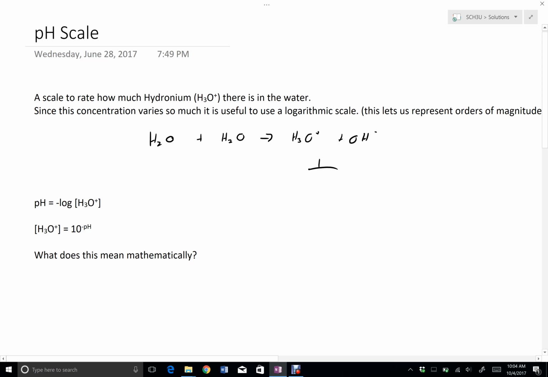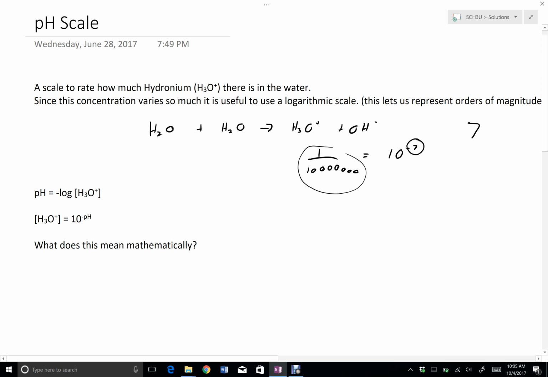And this will happen about 1 in 10 million of the time, or if I want to express this as a power, 10 to the negative 7 of the time. Then we say that instead of looking at this big ugly number, we look at just the order of magnitude, and that's what sets the middle of our pH scale. So the middle of our pH scale is 7.